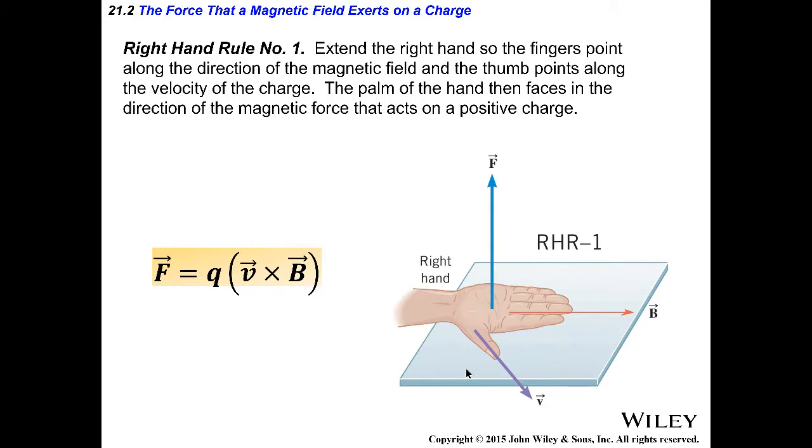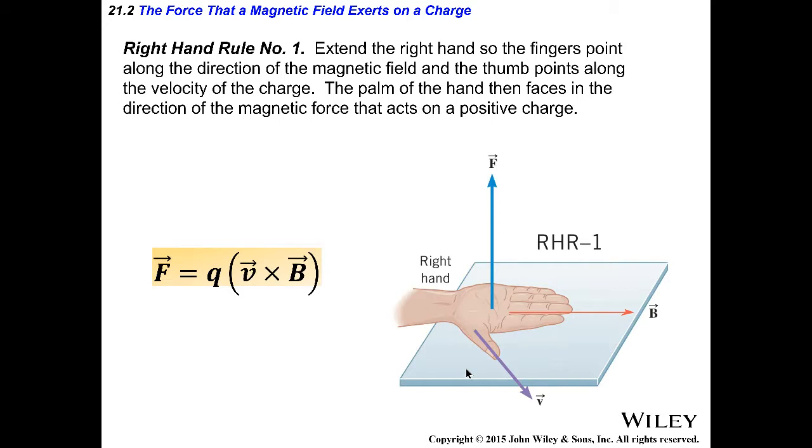But what I can do is I turn my hand this way. Then this is still pointing in the direction of V, but now I can curve my hand and my four fingers will point in the direction of the magnetic field, and my thumb is now downward. Do you see what I'm doing? When it's live, I can show you, but when it is not live, it's hard for me to show you.